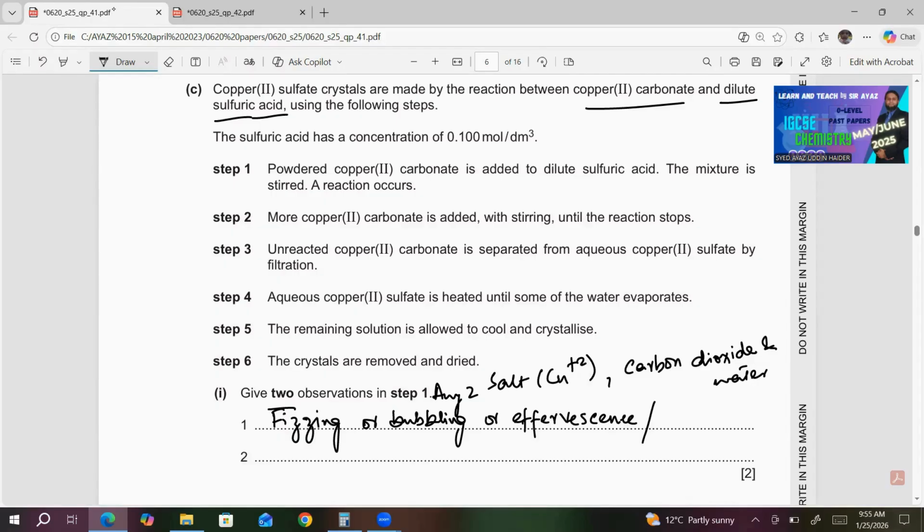You see Cu2+ ion is there in the solution. The salt contains Cu2+ ion. The solution will definitely turn blue. So you write blue solution. What else can you write? You can even write solid disappears or dissolves.